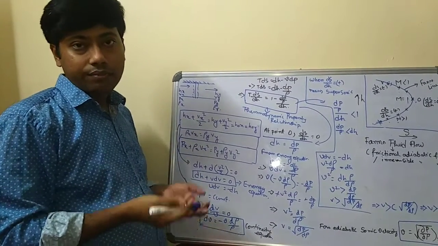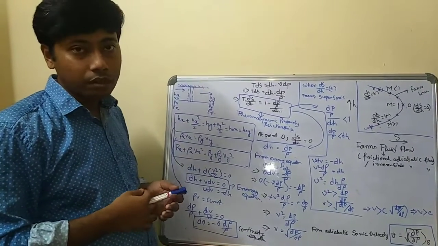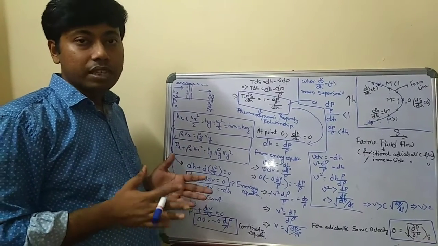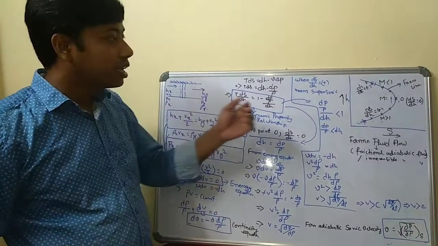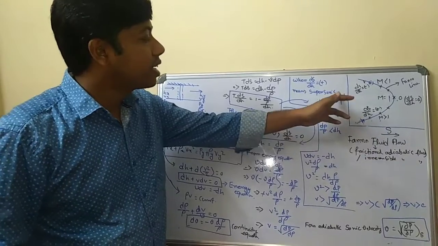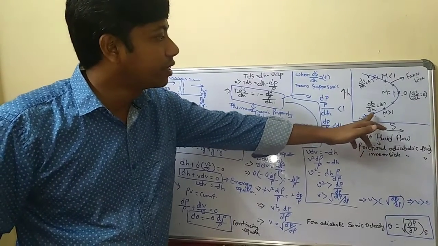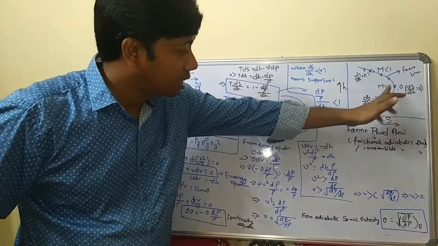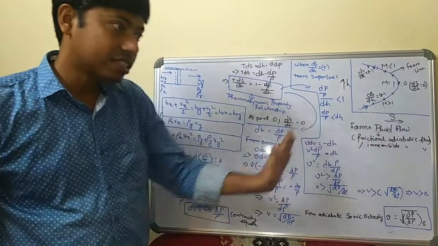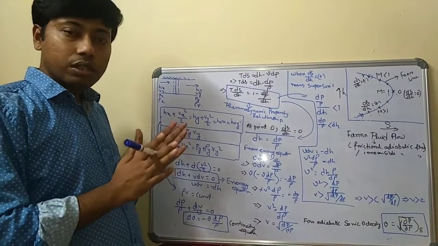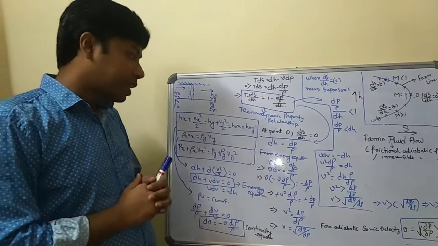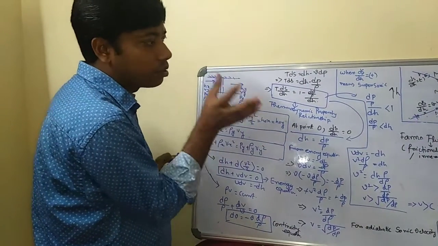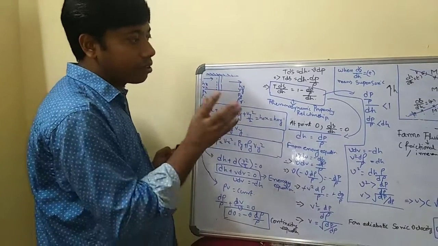As you know from the entropy principle, the entropy of an isolated system is always increasing. In the h-s diagram, this point is here, this point is here, and this point corresponds here. That means entropy is increasing throughout the duct when the fluid flows through it. This is the significance of the Fanno line.